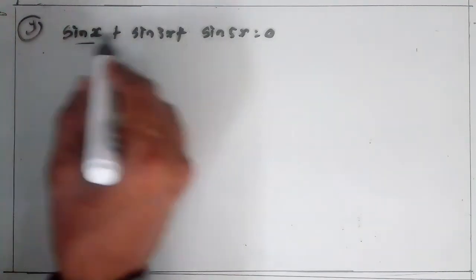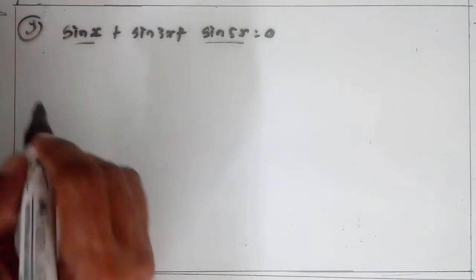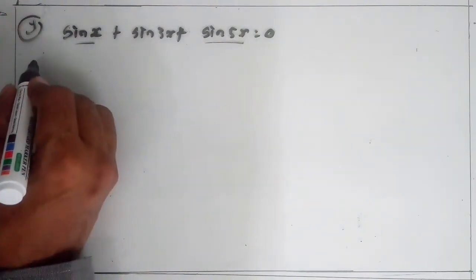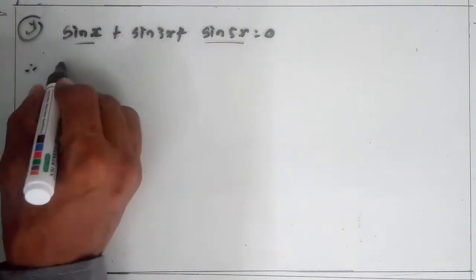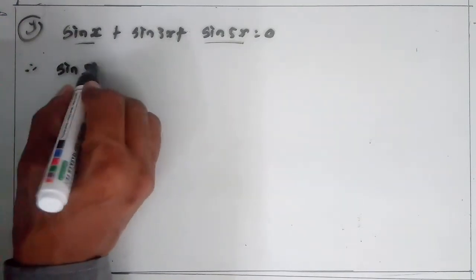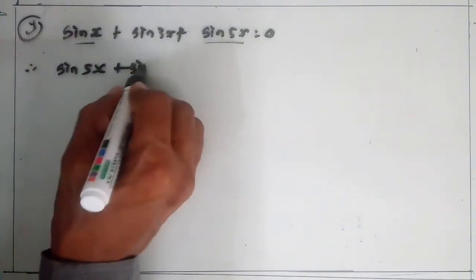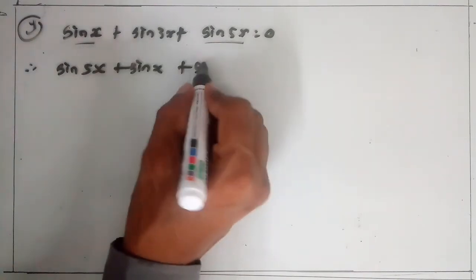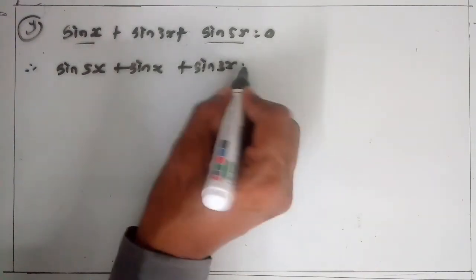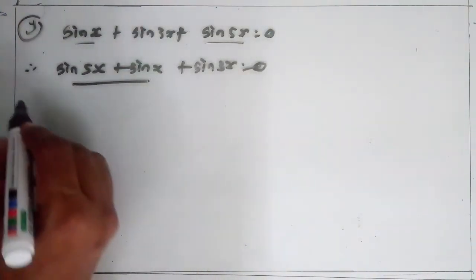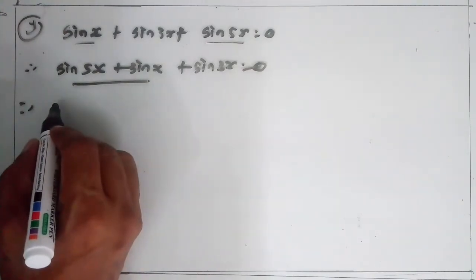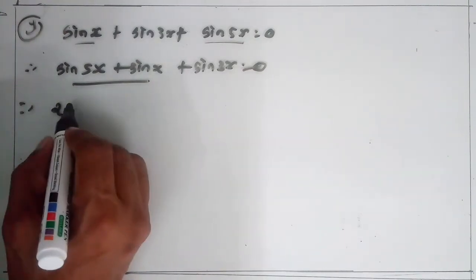So apply s plus s for the last and first terms. So here we get sin 5x plus sin x plus sin 3x is equal to 0. Now for the first two terms apply s plus s. S plus s is equal to 2sc.